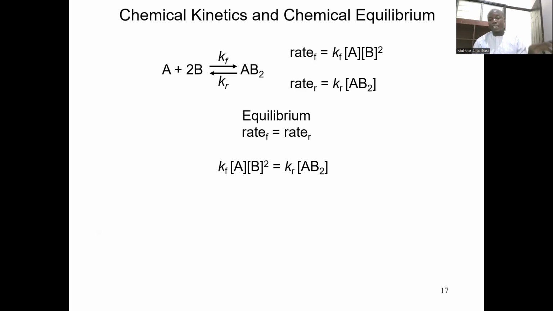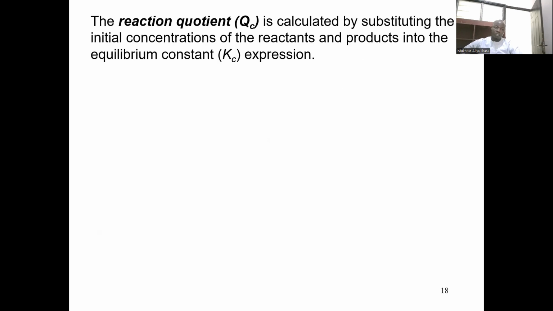So we now equate the two equations. After equating them, we have Kf over Kr, which is the same thing as Kc, the equilibrium constant, expressed as the concentration of the product divided by the concentration of the reactant. So we also have what we call the reaction quotient.